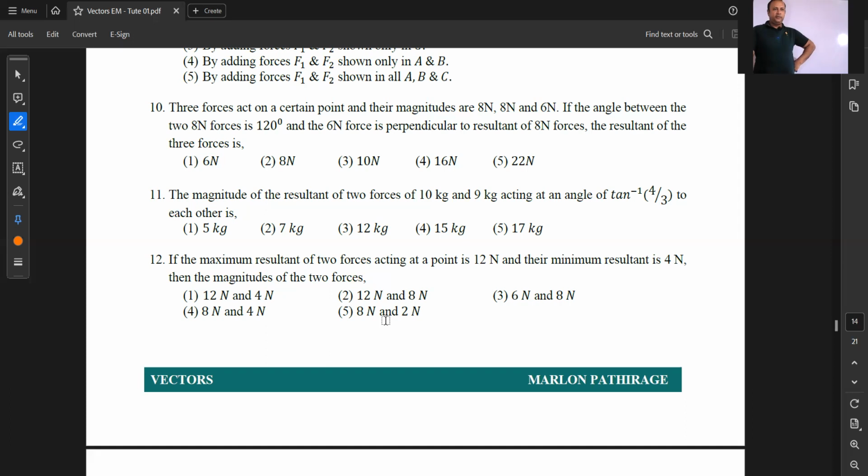The magnitude of the resultant of two forces of 10 kg and 9 kg acting at an angle of tan inverse 4/3 to each other. Now there are two forces, 10 and 9. The angle between them. 10th one.